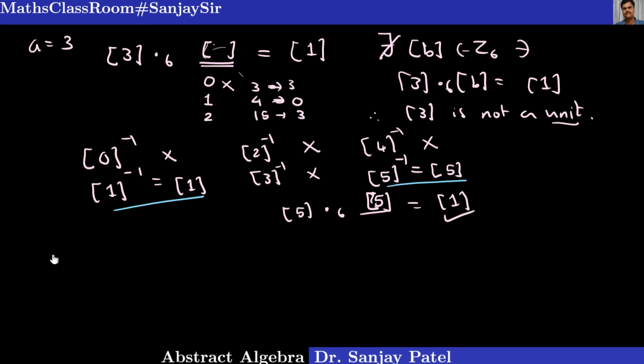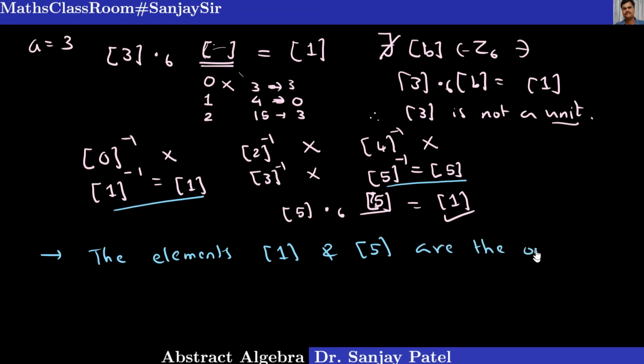In other words, the elements class 1 and class 5 are the only units in the ring Z6, plus 6, dot 6. Okay, so that is a very, very important thing. See, 2, 4 and 3 have no multiplicative inverse, so they are not units.